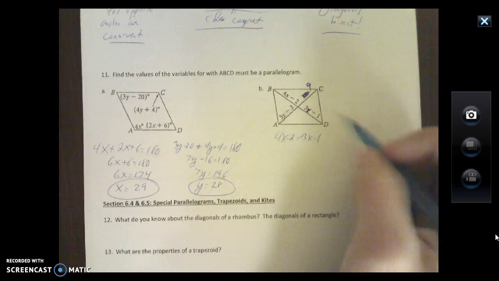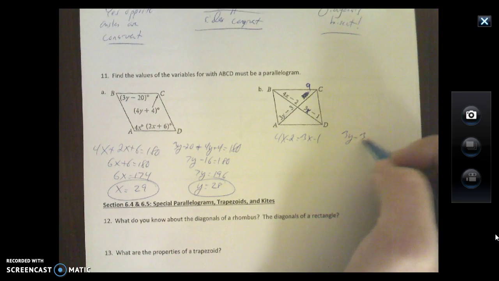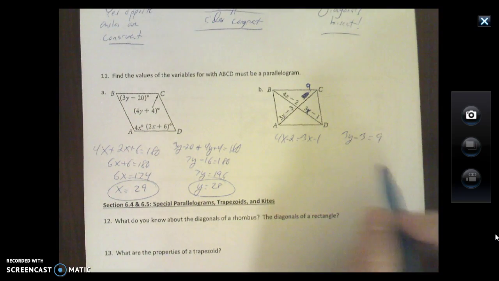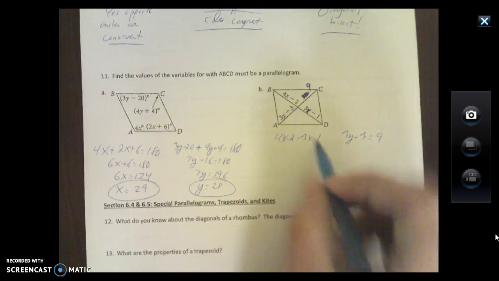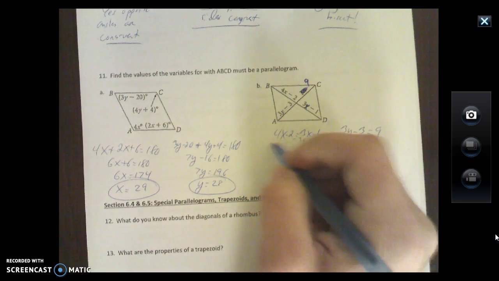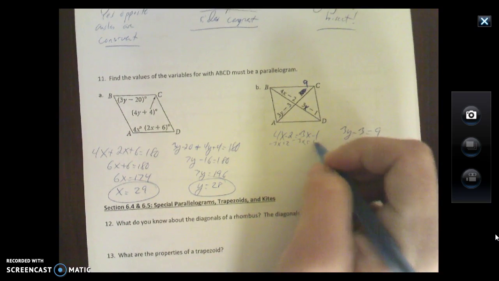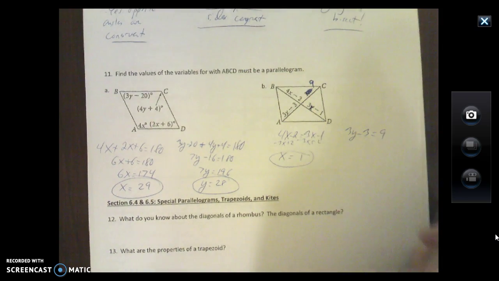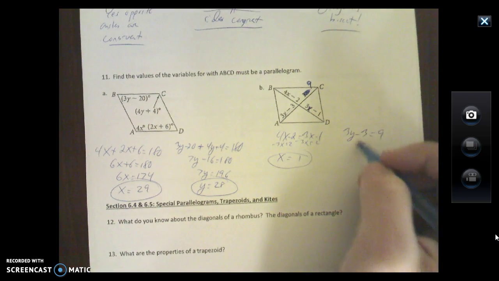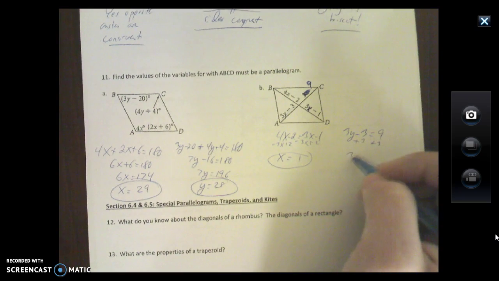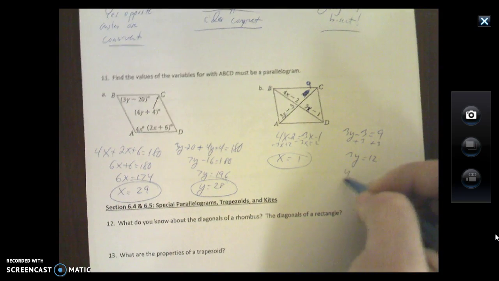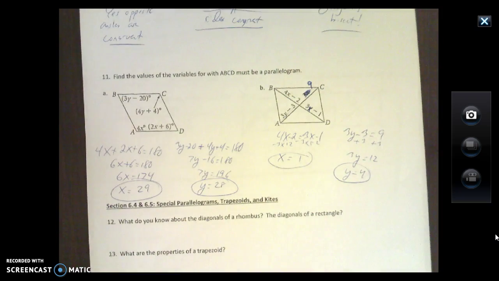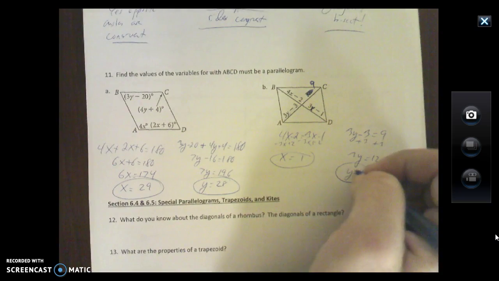And on the other one, 3y minus 3 has to equal 9. Okay. So here I'd add 2 over. I'd subtract 3x. x equals 1. But on the right, I could add 3, divide by 3, y equals 4. Okay?